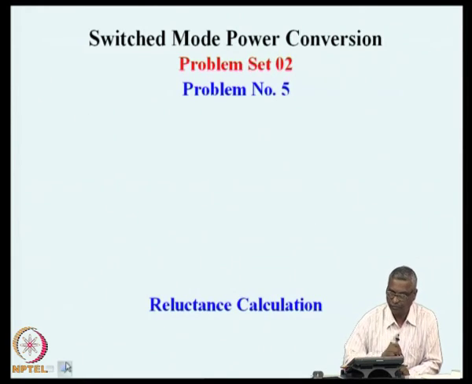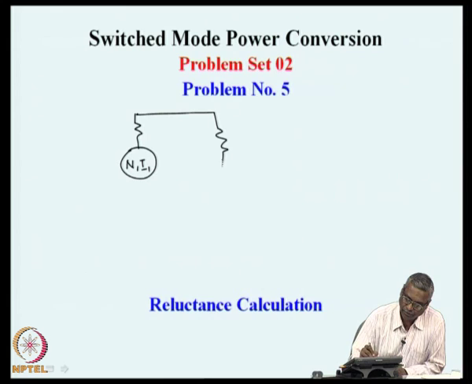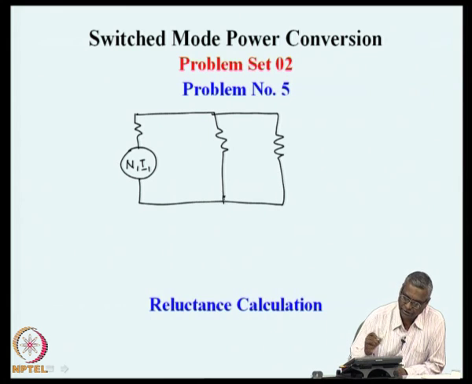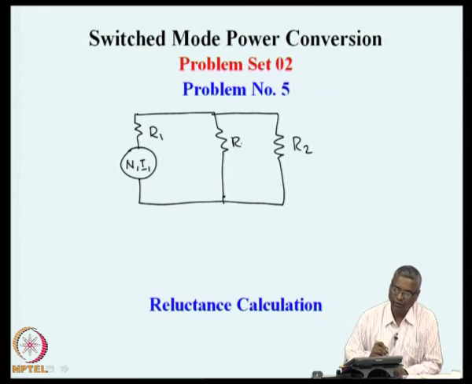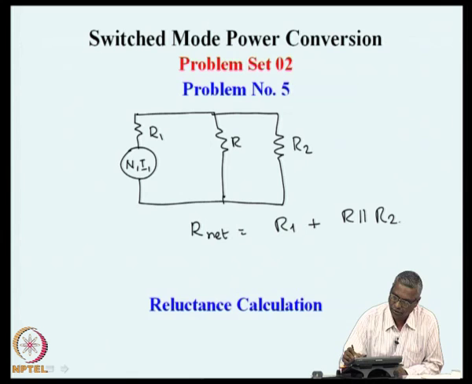If we now try to find out the path for the excitation 1 alone, when the second winding is not energized, we can say that the net reluctance in this case, R net, will be R1 plus R parallel R2.